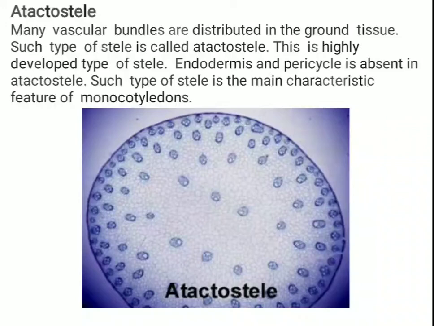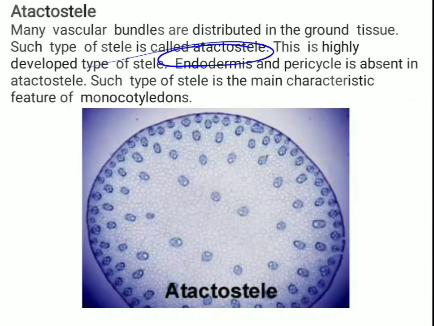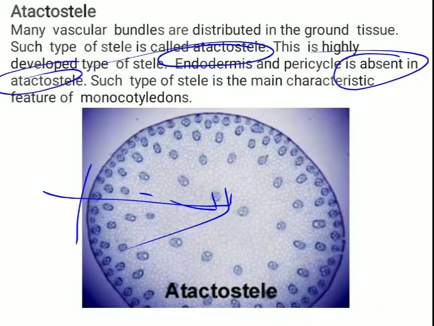Such a type of stele is known as atactostele. You can see in eustele the vascular bundles are arranged in a ring manner, but in atactostele they are present in the ground tissue, from epidermis to the pith portion. This is a highly developed type of stele, and endodermis and pericycle are completely absent in atactostele, and such a type of stele is the main characteristic feature of monocotyledons.